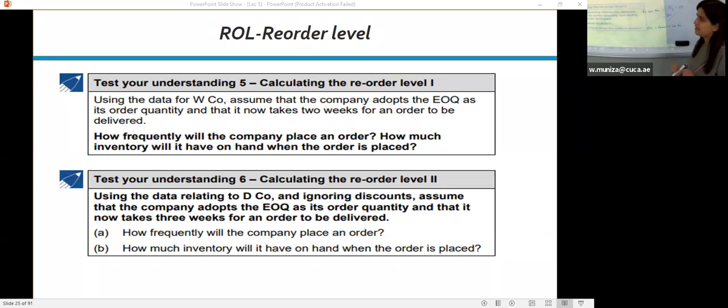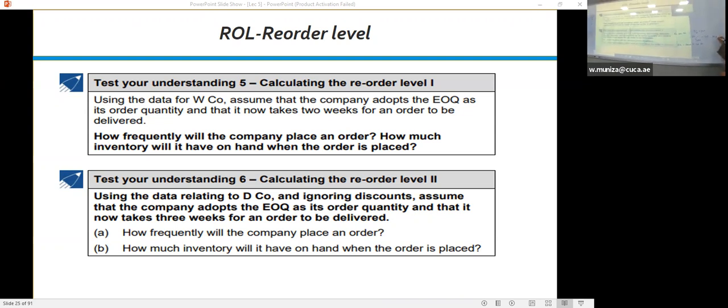How much was the annual demand? 30,000. Multiply by 365, that will be the reorder time. How many days? 38 days.